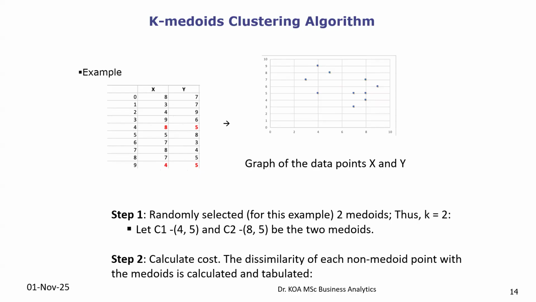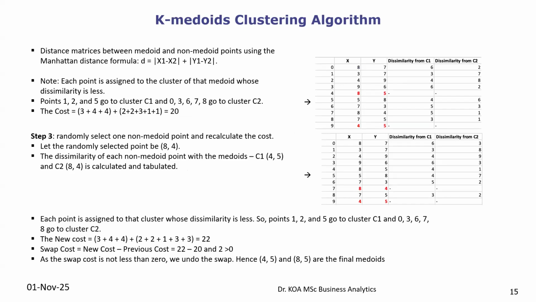We need to calculate their cost. We need to calculate the dissimilarity of each non-medoid point with the medoids that we've selected, and then we tabulate it. So how do you do that? First, you look at the distance matrices between the medoid and the non-medoid points.